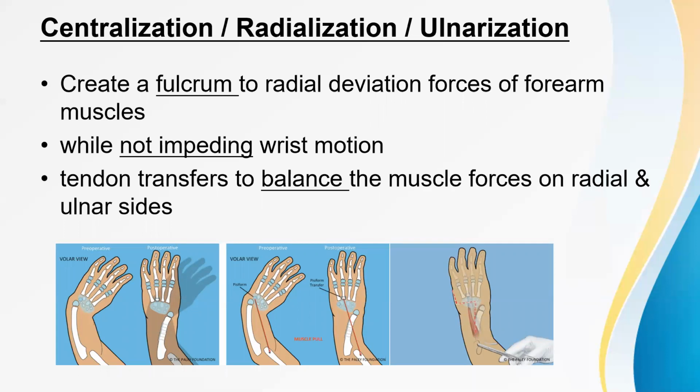The radialization was proposed originally in German, and it does not mean that we put the ulna radially. It means that the ulna is becoming a radius. So basically radialization and ulnarization are similar in terms of putting the ulna in the maximum ulnar position to correct the radial deviation of the wrist.